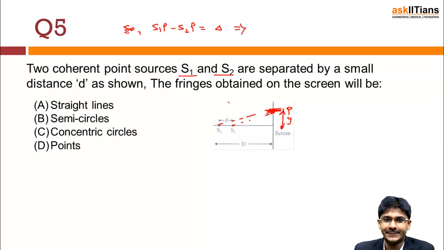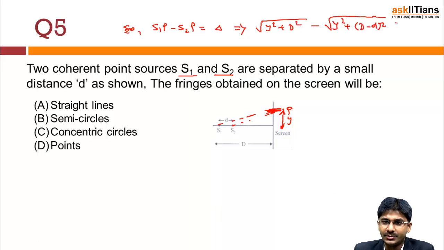That means if you find out this S1P, we can write it like this: S1P is the square root of y square plus capital D square, minus the square root of y square plus d minus small d whole square. This is a constant delta, right?